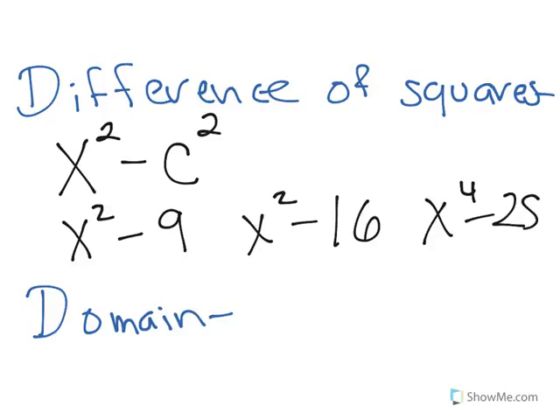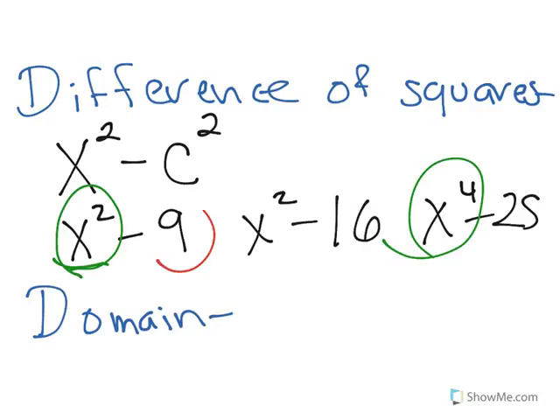And so, as you can see, the first term is of course the square of something. Here it's just the square of x, but in this case we have the square of x squared. And the second term is also the square of something, in this case 3 squared, the square of a constant. In this case, this is 3 squared, 4 squared, and 5 squared.